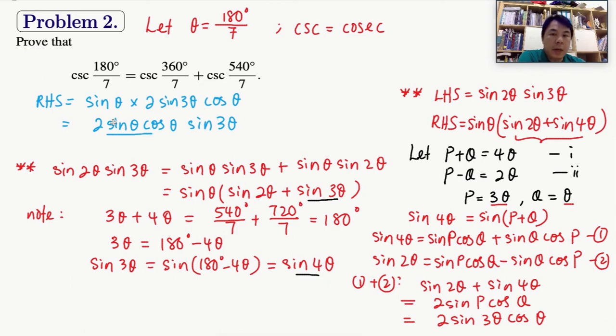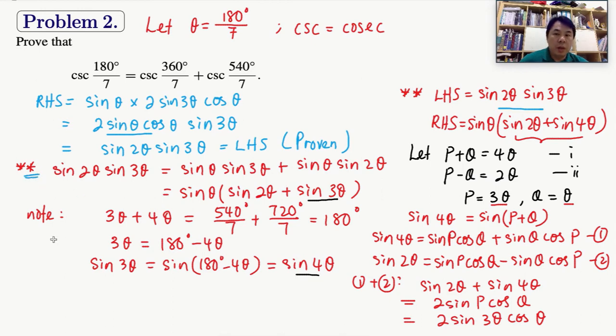And then by using the double angle identity, we know that this is the same as sine 2 theta sine 3 theta. And then indirectly, this is the same as my left hand side expression. You can see that here. So therefore, this equation has been proven. Knowing that this is true, therefore we indirectly have proven this.